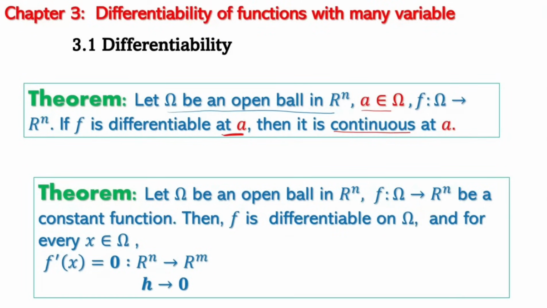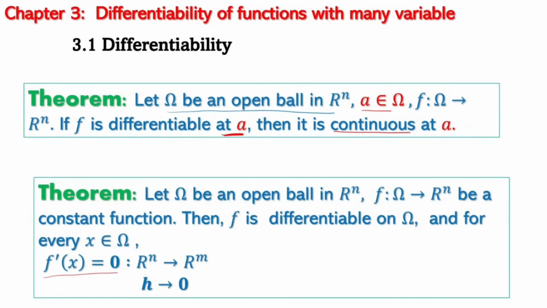Okay, this is another criterion for the differentiability of a constant function. So this theorem gives us the differentiability of a constant function. If f is differentiable on omega and for every x belonging to omega, f dash x is equal to 0, so 0 is the zero function from Rn to Rm.